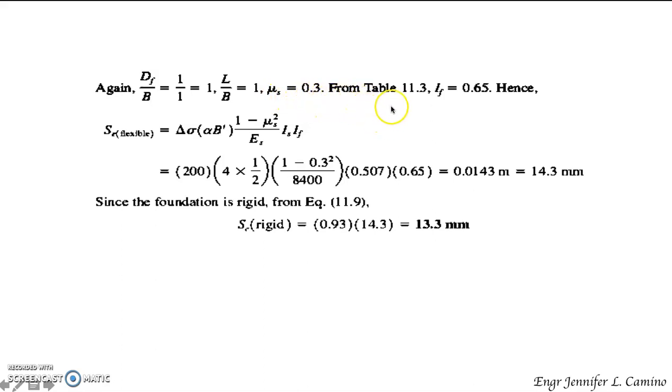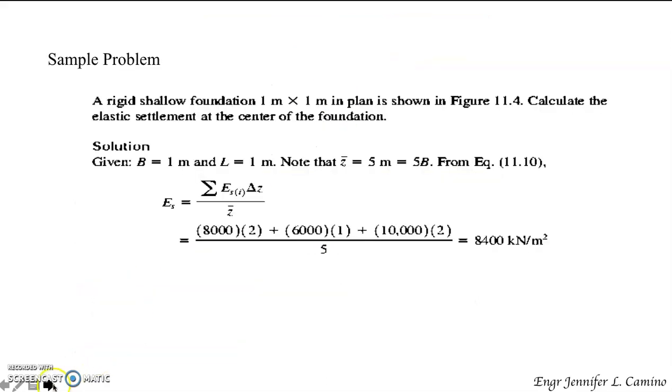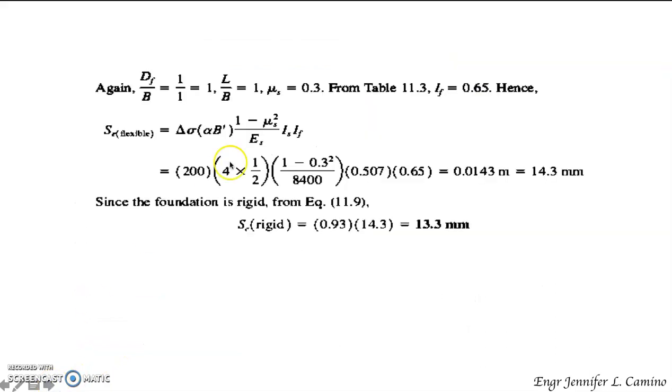So from Table 11.3, our I sub f is equal to 0.65. From this table, L over B is 1, Df over B is 1, and mu sub s is equal to 0.3, so our I sub f is equal to 0.65. So we have now the value for our I sub f.